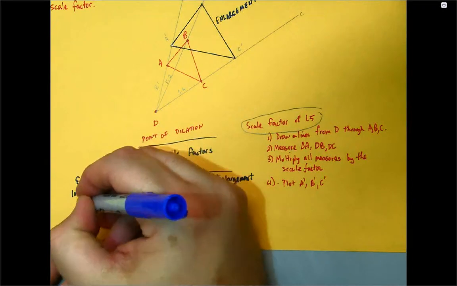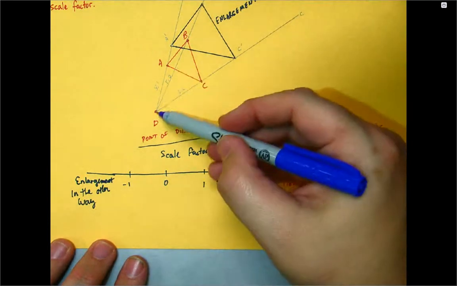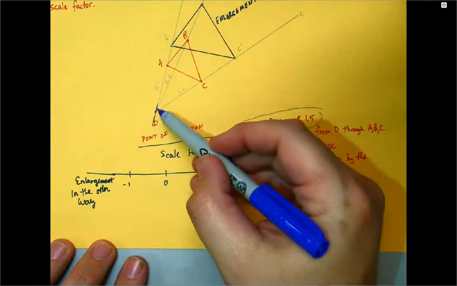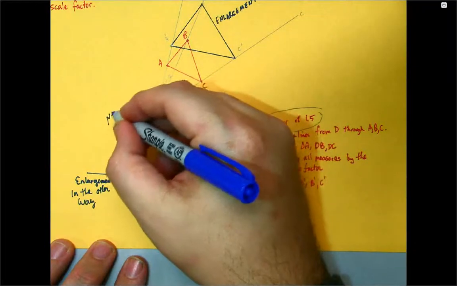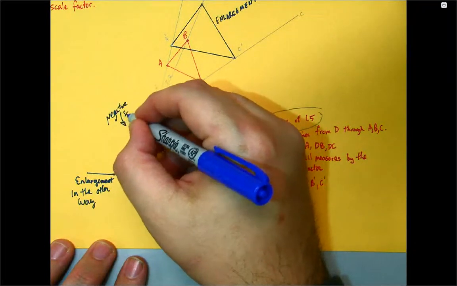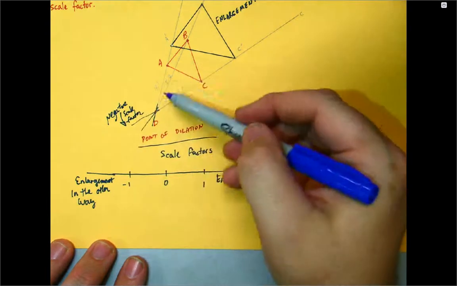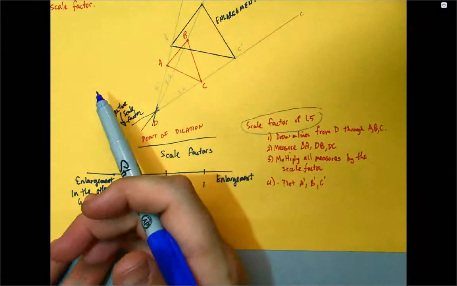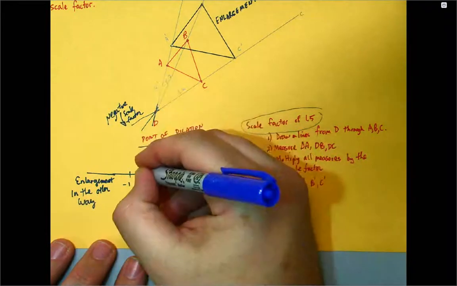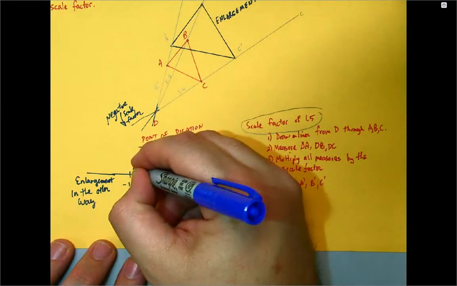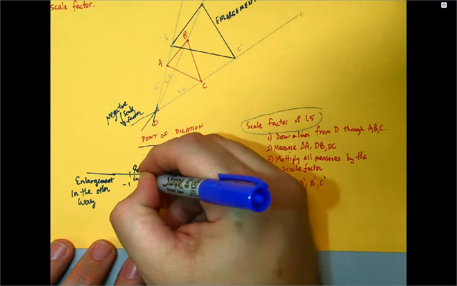Meaning that I could have drawn these lines out like this. The negative scale factor would have put it on the other side of the point of dilation. Here, between 0 and 1, is a reduction in the other way. Over here is a reduction.